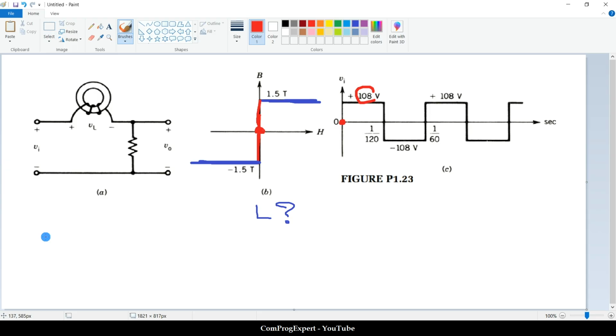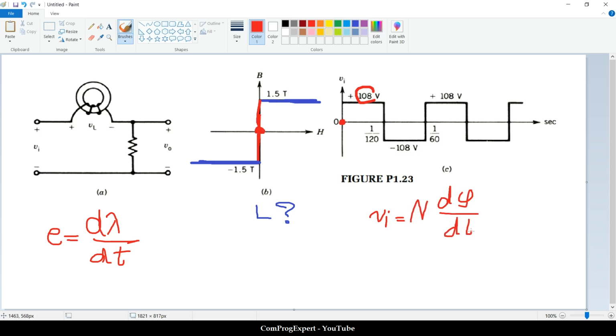You know this equation, e is equal to d lambda dt. The value of the current is 0, the inductance is infinite, and the value of the VO is 0, so VI is equal to VL or d lambda dt or n d phi dt.